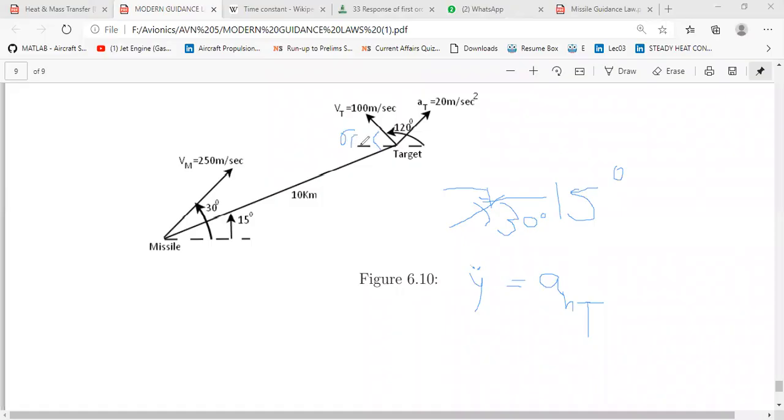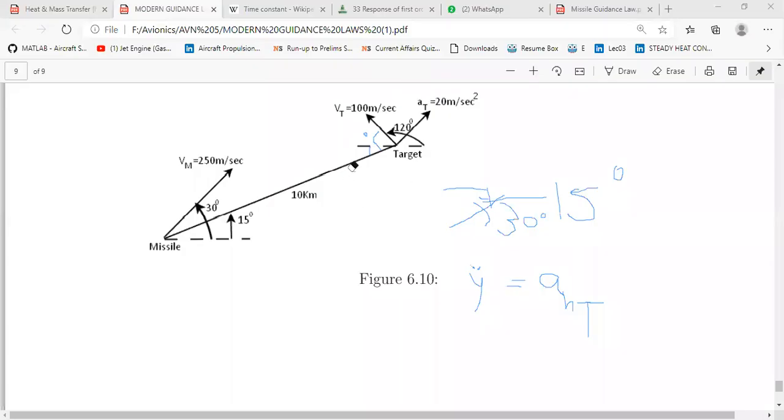This is 60 plus 15, right? So we need to take 60 degrees. How much will be the total angle? 60 plus this angle of 15 degrees, so it will be 75. So it will be Vt, 100 into cos 75.